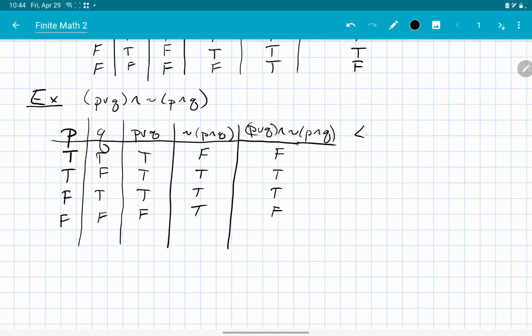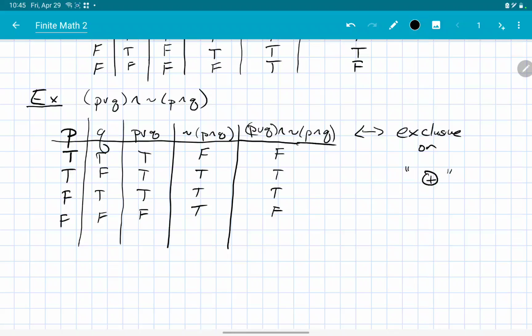This is sometimes called the exclusive OR. Remember, our OR, the basic logical OR, allows both things to be true. This one allows exactly one to be true. So, P or Q, but not P and Q. It's called an exclusive OR, and there's even a symbol for it, which you might see in the book for some homework problems, a circle with a plus in it.